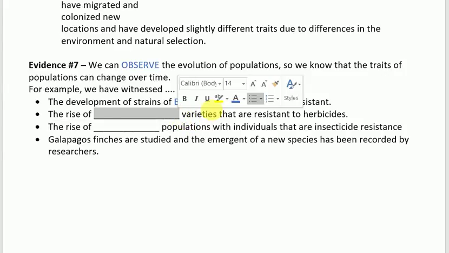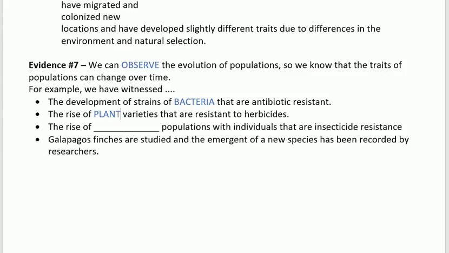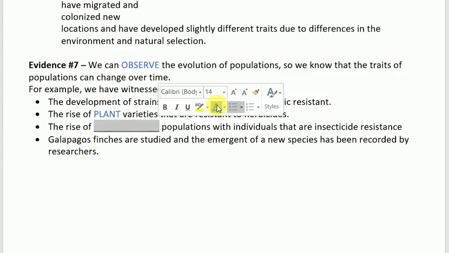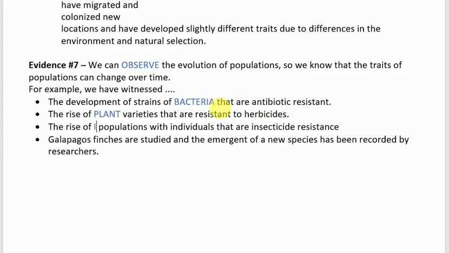We have also witnessed in our time the rise of plant varieties that are now resistant to herbicides. And we have witnessed the rise of insect populations with individuals that are insecticide resistant. And also the Galapagos finches on the Galapagos Island, they were studied recently, and there is an emergence of a new species, and that has been recorded by researchers.